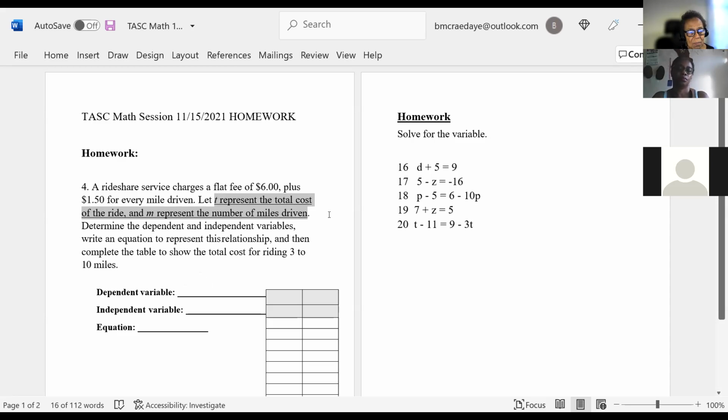Total cost? No. The total cost is dependent upon the number of miles. So here, the dependent variable would be the total cost.